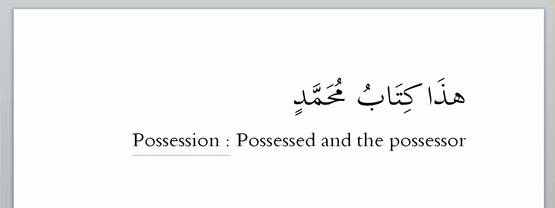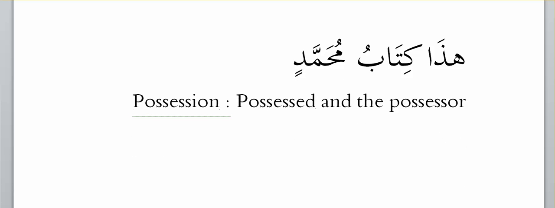indefinite. What does it mean to be indefinite? For example, if we were to say kitabun, make that a little bigger. If we say kitabun, what this means is a book.